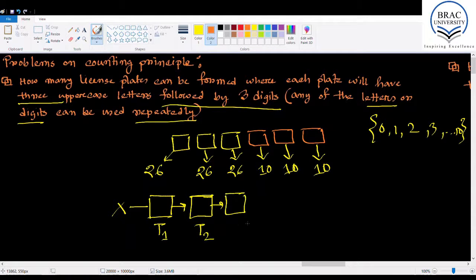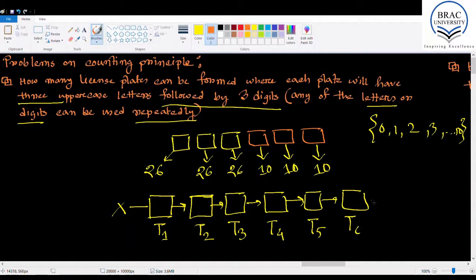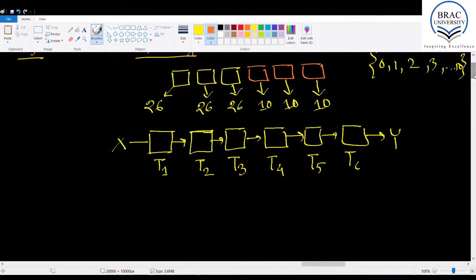We'll have to fill up the third box, that is task 3. We'll have to fill up the fourth box, that is task 4, then task 5, and at last task 6. And after we accomplish all of those tasks, we'll reach Y. It means we will be able to make a license plate.